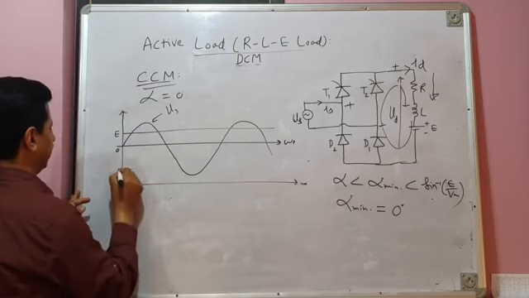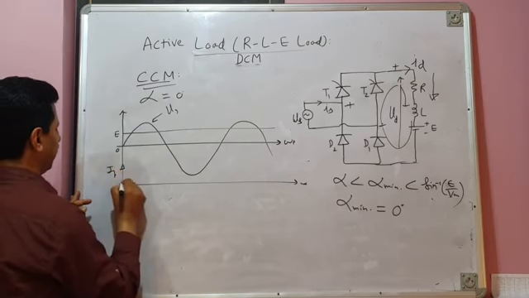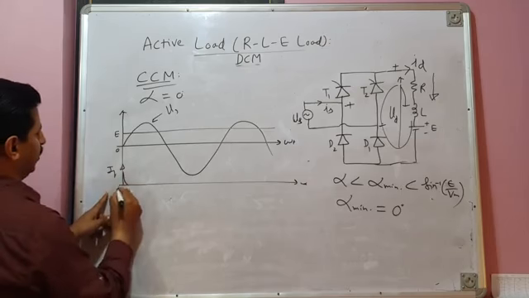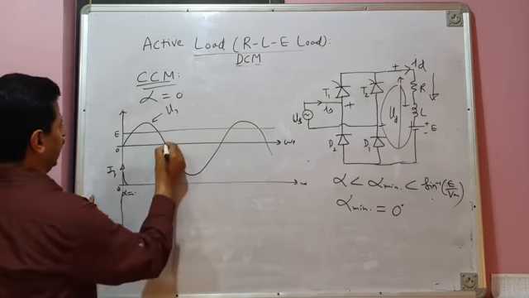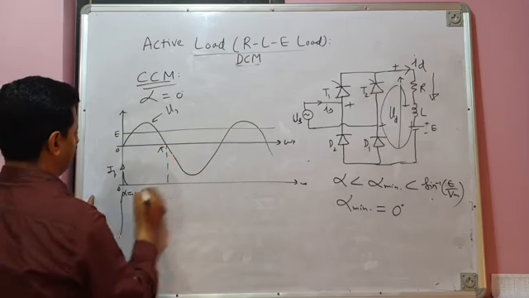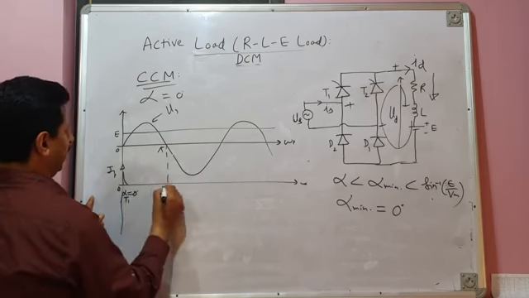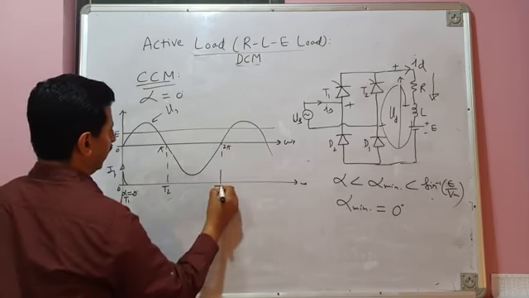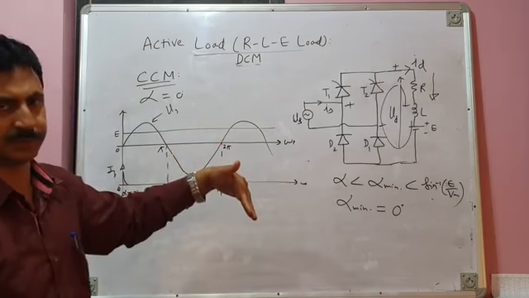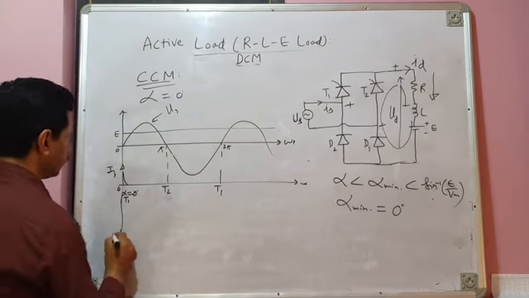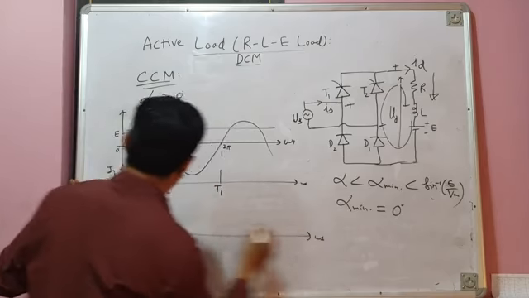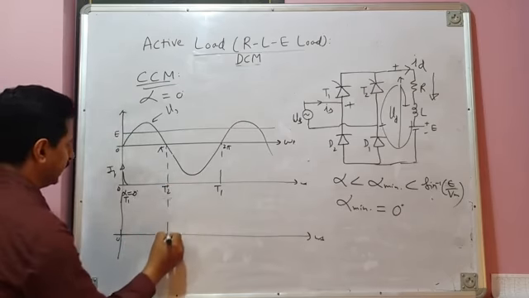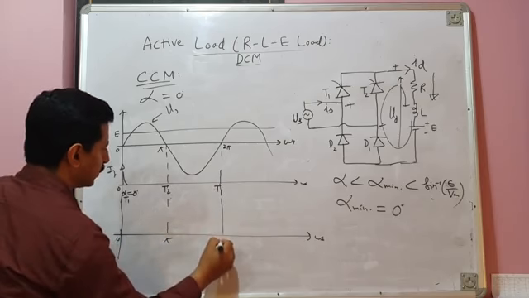Firing pulses are Ig. The first firing pulse is issued at omega t equal to 0, so here alpha is equal to 0 degree. Here T1 is fired, here T2 is fired, and here again at 2 pi T1 is fired. So alpha is 0 degree. And your load voltage will be like this. This is pi, this is 2 pi.